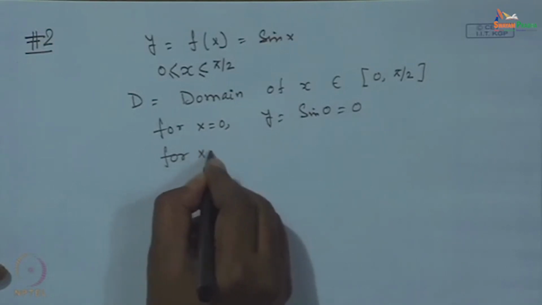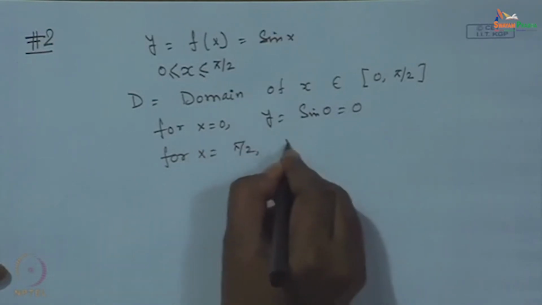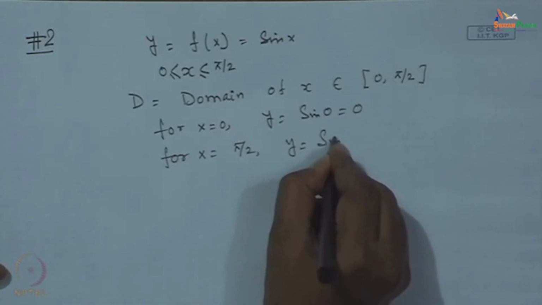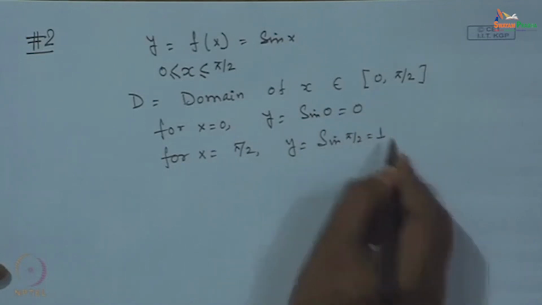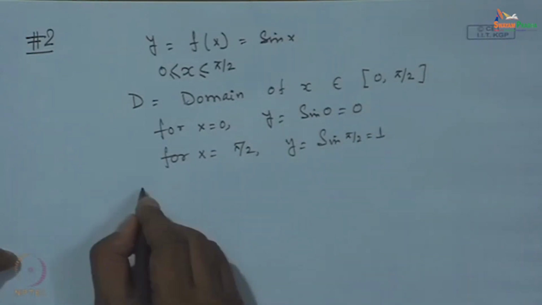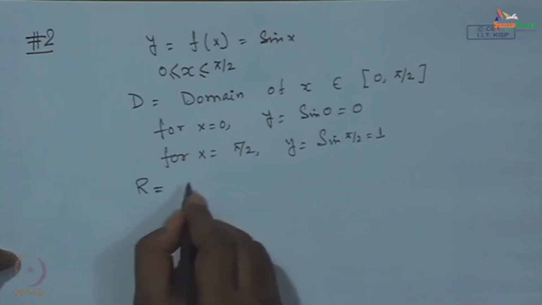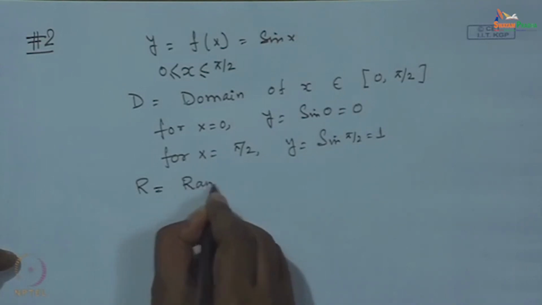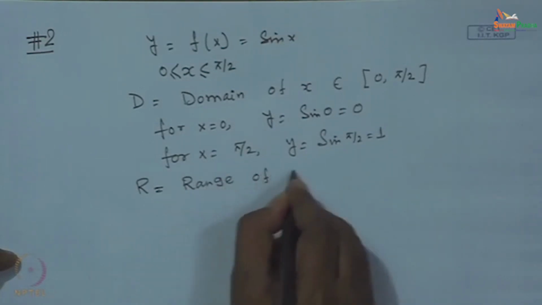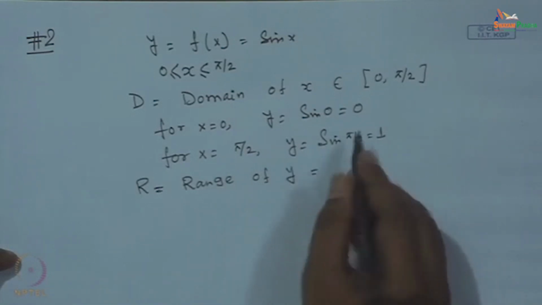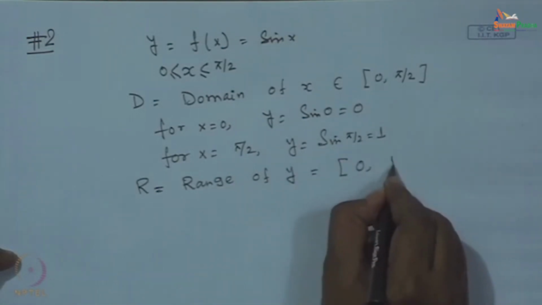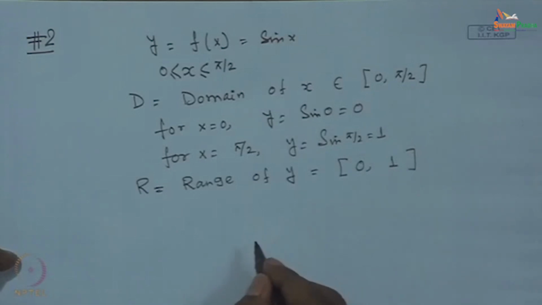For x is equal to pi by 2, y is equal to sin pi by 2, which is 1. Therefore, the set R in the y domain, called the range of y, is the set lying between 0 and 1.